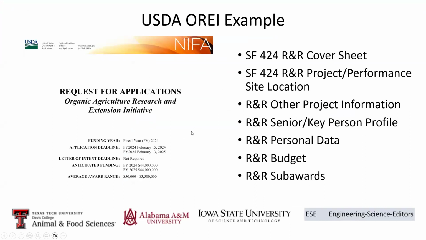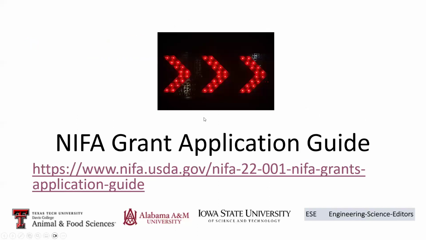So under that example of just doing the USDA OREI example, it listed all of these SF 424 required forms that you need to fill out. It also gave us the link to where I had provided, where we went to next, which is the NIFA Grant Application Guide that walks you through every form, every field, what needs to be included in there.